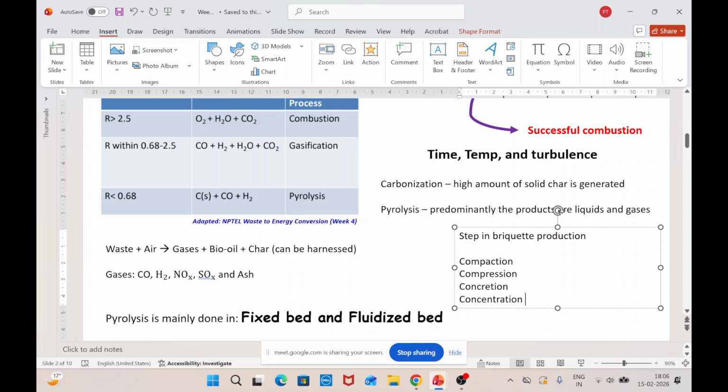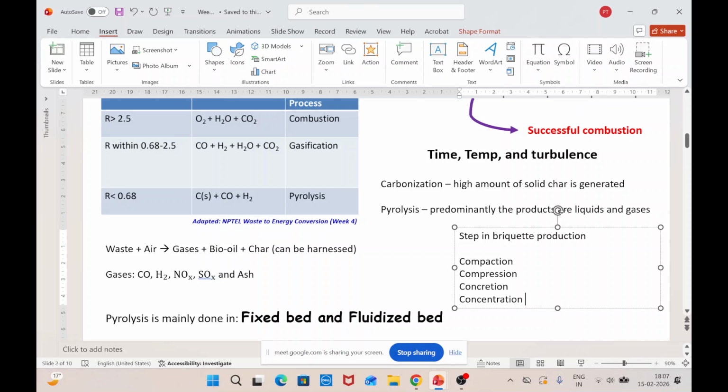Briquettes or pellets, they cannot be stored under moist condition. They either need to be kept under dry condition or under some sort of a cover. Why is that so?